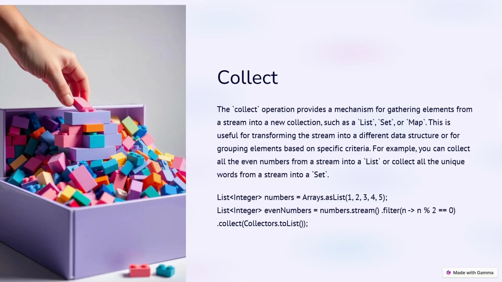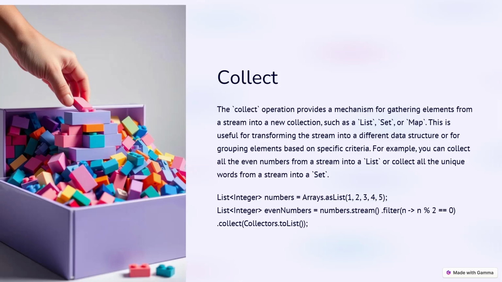What you can do is collect the even numbers. If you need odd numbers, we can collect the odd numbers. If we need unique values, a specific list of elements, in that scenario we will use collect.